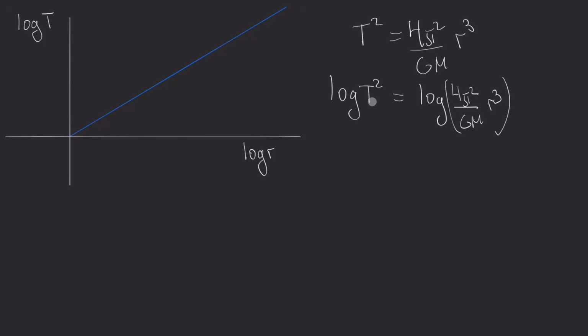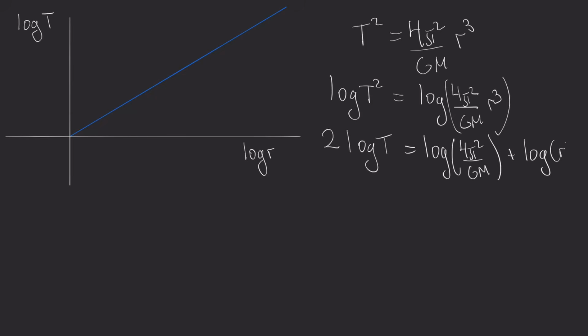Now I'm going to use the rule that the log of T squared is equal to twice the log of T, and I'm going to separate the logs, saying this is equal to the log of 4 pi squared over GM plus the log of r cubed.